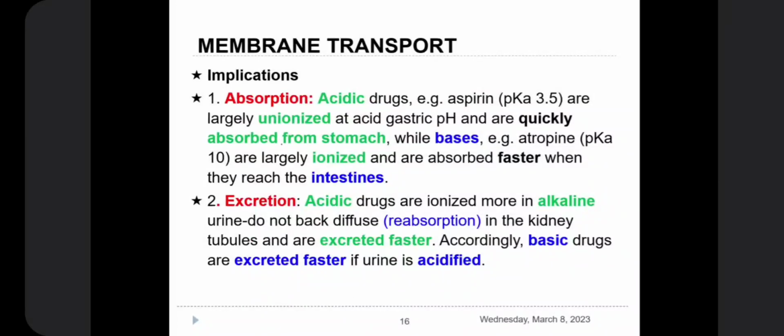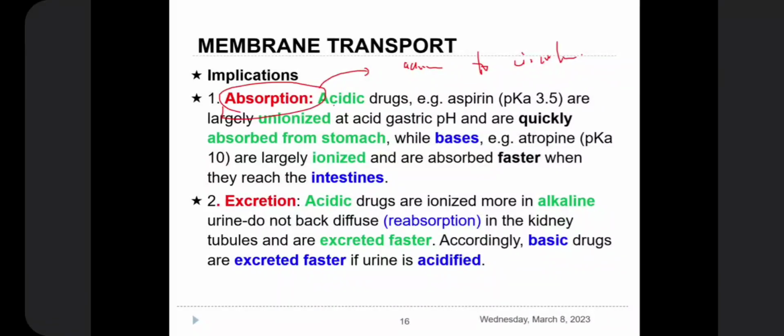Okay, see, the first one, absorption. Absorption means the drug goes from the site of administration to the circulation. For some drugs that enter our body by oral route, the GI tract, gastrointestinal tract, is in charge of that.